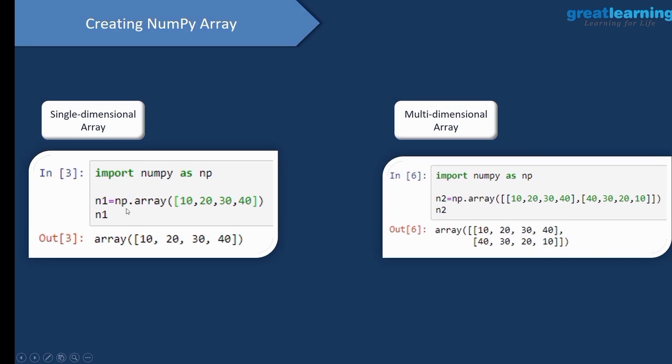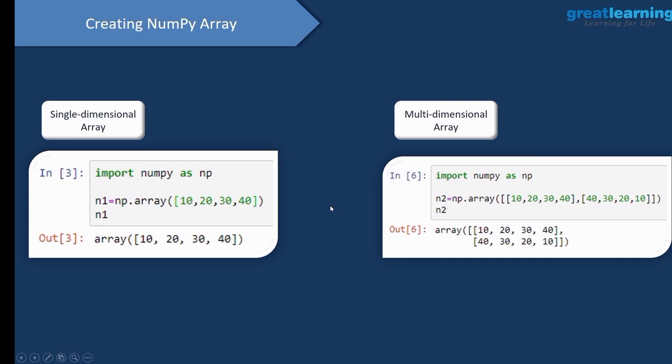Over here, I am importing Numpy and creating a single dimensional array. We type in np.array, and I am passing in a list inside this. The list comprises the elements 10, 20, 30, and 40. You are converting this list into a Numpy array and printing it out. What you see is a single dimensional Numpy array. You can also create a multi-dimensional Numpy array.